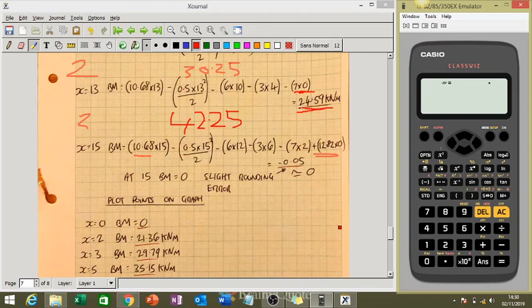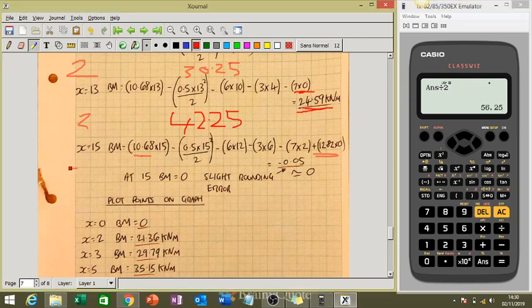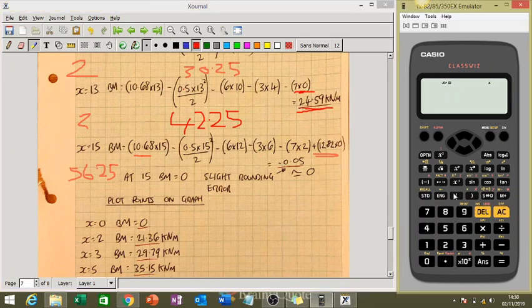So 15 squared, let's do it again, times by 0.5 equals that. Divide by 2. Gives me a number, 56.25. Put all that in. 10.68 divided by 15.